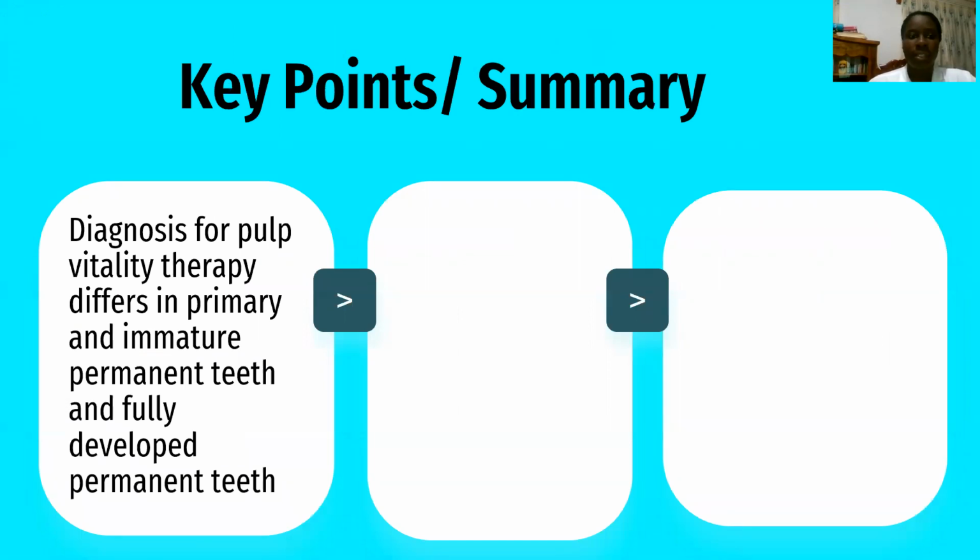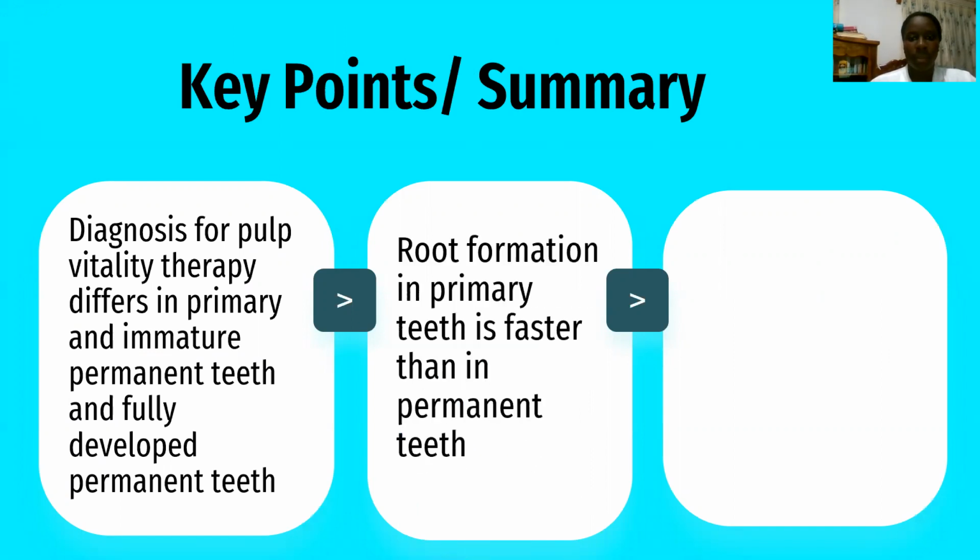Diagnosis of pulp vitality therapy differs in primary and immature permanent teeth and fully developed permanent teeth. Root formation in primary teeth is faster than that in the permanent dentition, due to the fact that primary teeth roots are shorter, and thus the development time for these roots would thus be quicker.